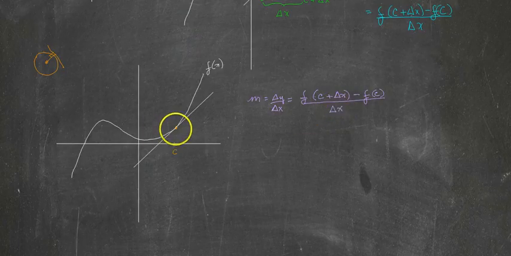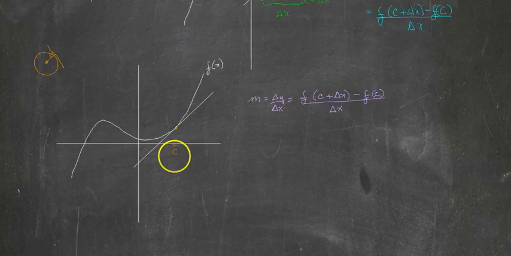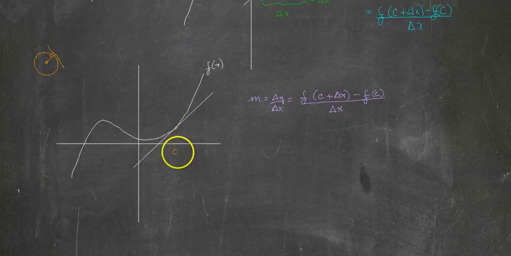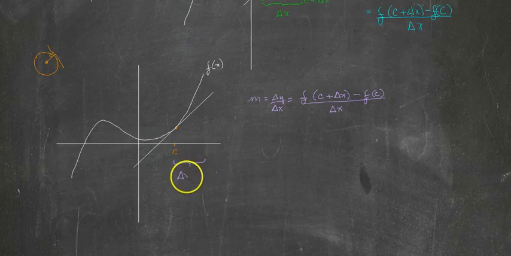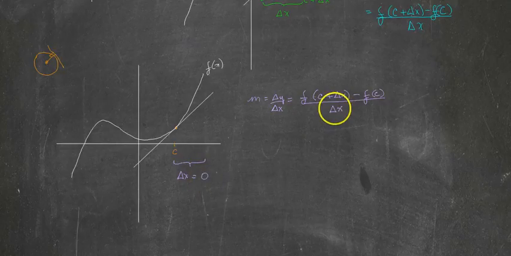We have a problem because if you start at c and go nowhere, because this line intersects at exactly 1 point, our delta x actually equals 0 because we didn't go anywhere. Well, I can't have 0 in the denominator. That's a problem for us to solve.